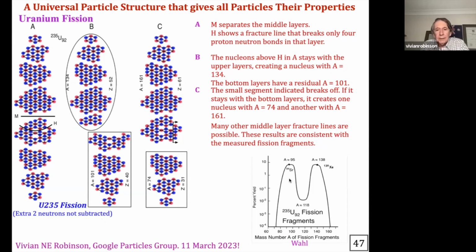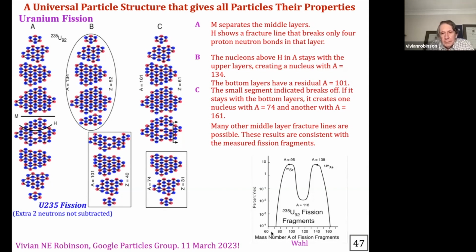These are the mass numbers of fission fragments as presented by Weil. 101 is near the top, and 134 is pretty close to near the top. If, for example, we just split off this little section here and it went with the bottom, and the remainder stayed with the top, the top one would have 161 and the bottom one would have 74.